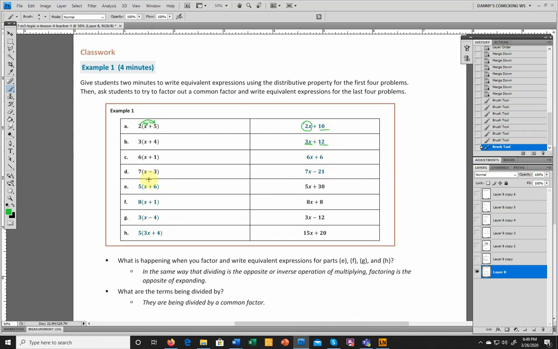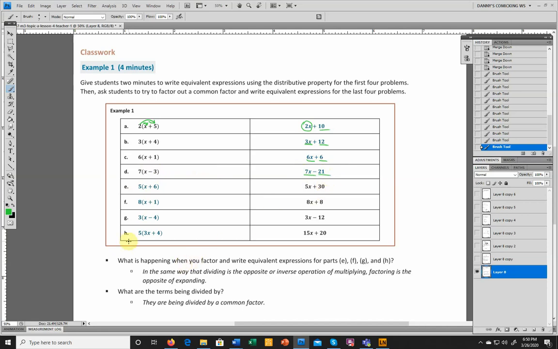So we get 12. For 6 times x plus 1, it's 6 times x, but 6 times 1 is 6. For 7 times x minus 3, that's interesting because we've switched our sign, but we can still do it, because 7 times 3 is 21, and we have 7x.